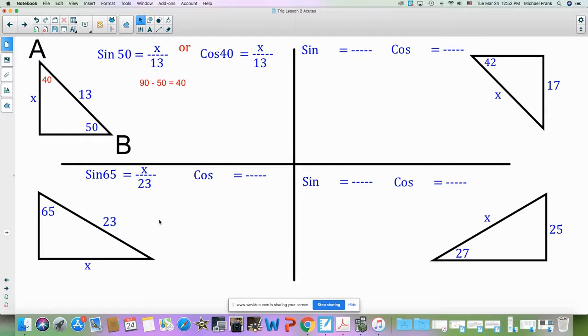Now, to figure out the complementary angle, we subtract 65 from 90, and we get 25. So 25 degrees should be in here, and 65 plus 25 is equal to 90. And the cosine of that will also be x over 23.